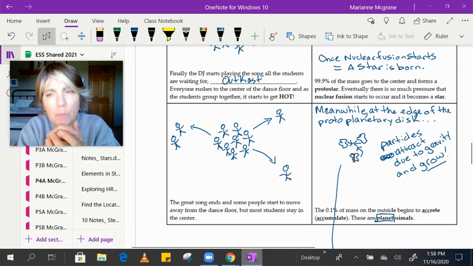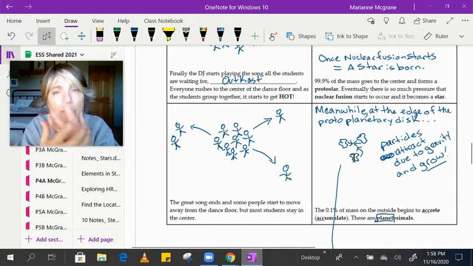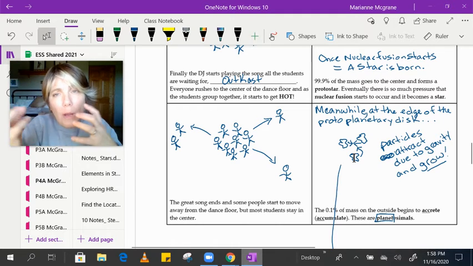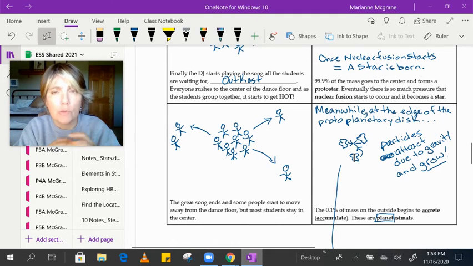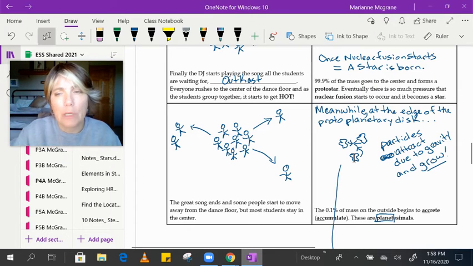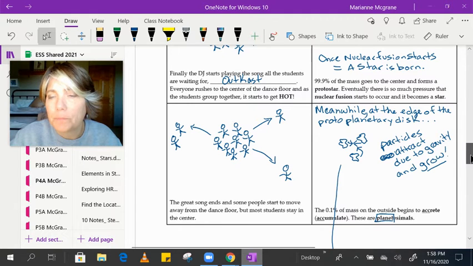And as this happens, particles begin to attract each other, because as you have more matter in one space, more mass increases the amount of gravity for that object, and then it attracts more and more particles. So these particles grow larger and larger over time. That's what's happening on the edge of our dance floor.